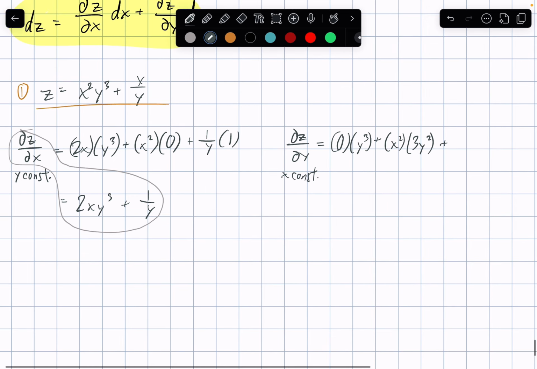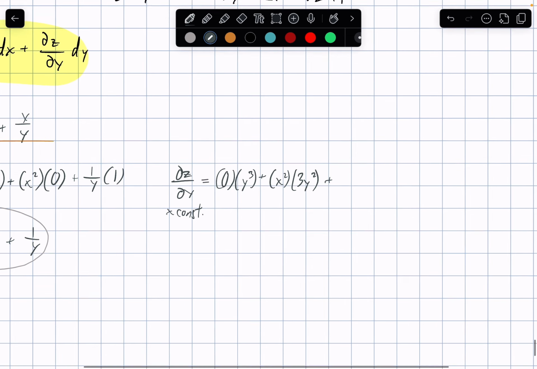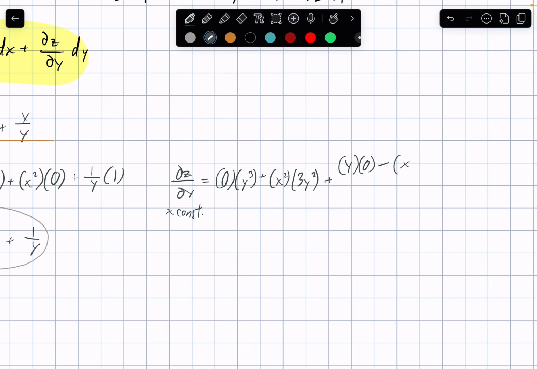Even in this case, my first instinct was to apply quotient rule. It works, but the faster method is just separating the constant from the variable. But here, I don't think we can separate anything, so we just apply quotient rule. Derivative of x is going to be 0. X times the derivative of y is 1 over y squared. 3x squared y squared plus minus x over y squared.